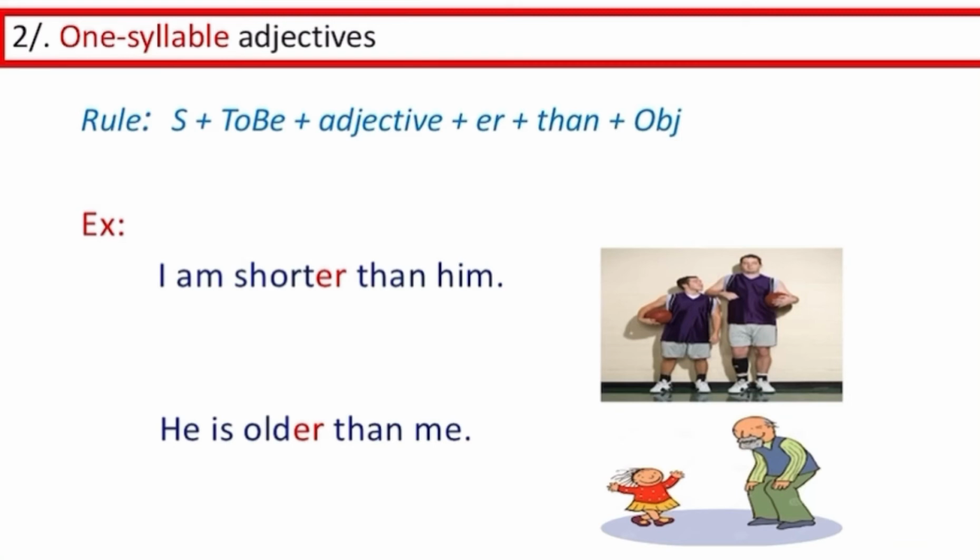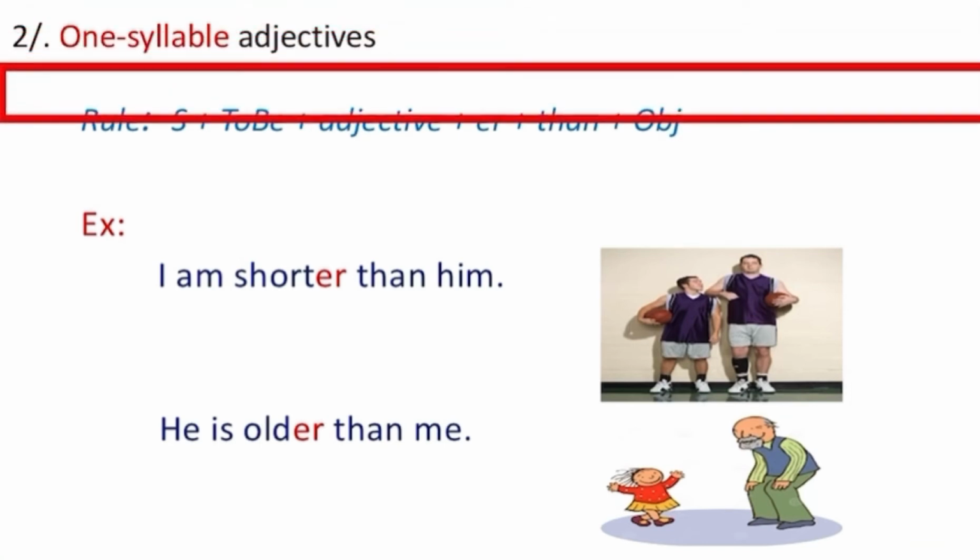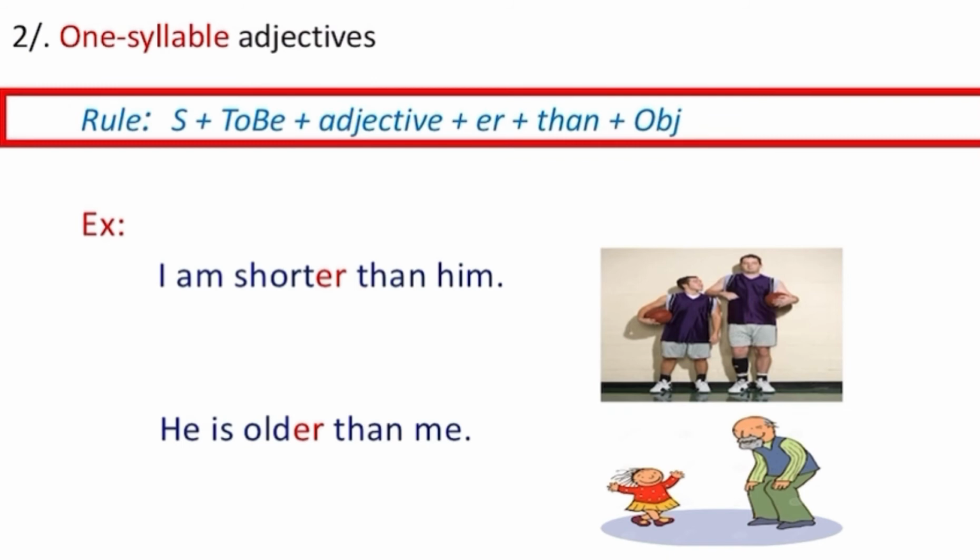So for one syllable adjectives without any special forms, I mean it's just a short adjective with no special forms, the rule is subject plus verb to be plus adjective, and then you just add er, plus then an object.